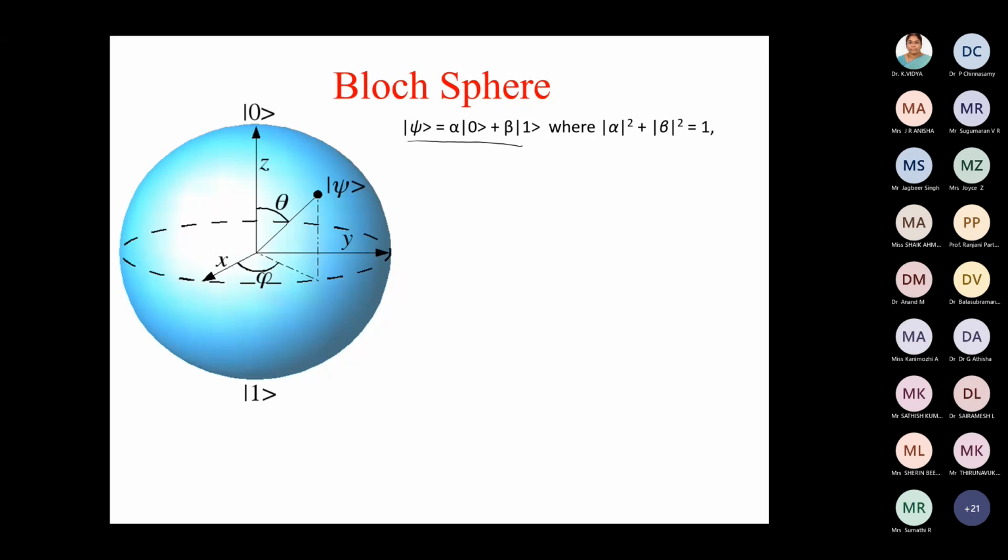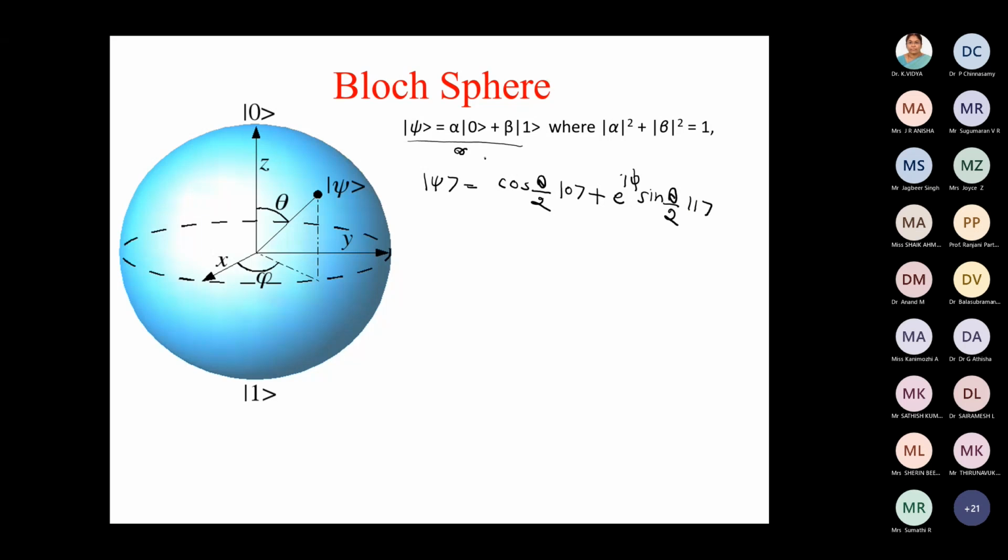So how can we represent this over a sphere, which we call the Bloch sphere? We can write this state psi as cos theta by 2 times 0 plus e power i phi sine theta by 2 times 1.